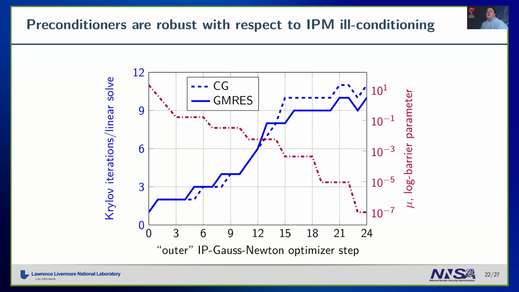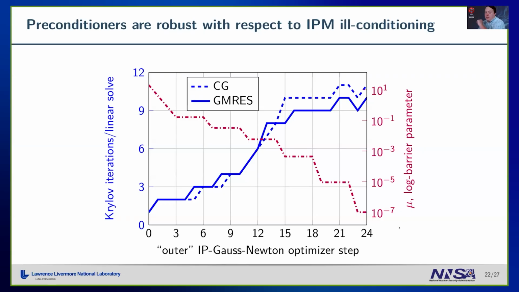What I've shown here is some numerical evidence for one of the claims that I made earlier, that these preconditioners are robust with respect to the ill conditioning coming from the interior point method. This is just one optimization solve, and from left to right, the optimizer is progressing. While it progresses, the log barrier parameter, in purple, is decreasing from 10 to 10 to the minus 7.